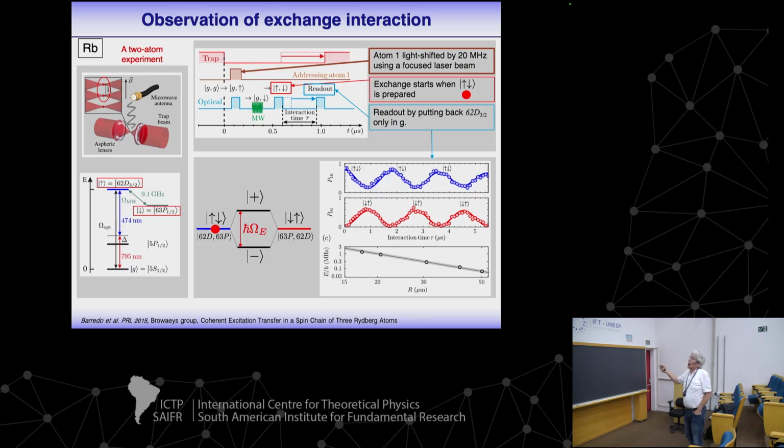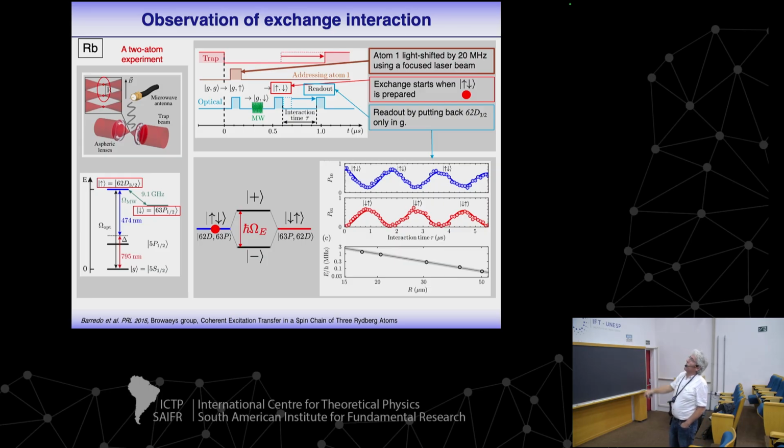They chose it so that the exchange frequency is in the range that was comfortable for the experiment. So then you expect a splitting between these two, and in the experiment they first prepare the 2 atoms, one in 62D, the second in 63P, by using this excitation scheme.